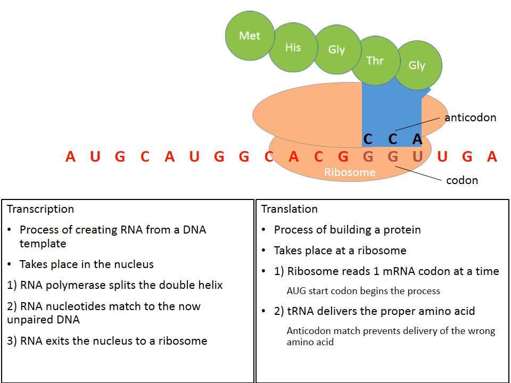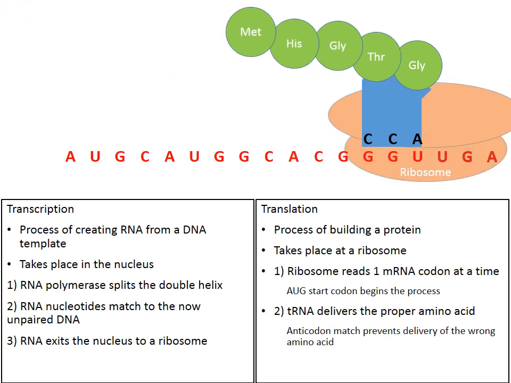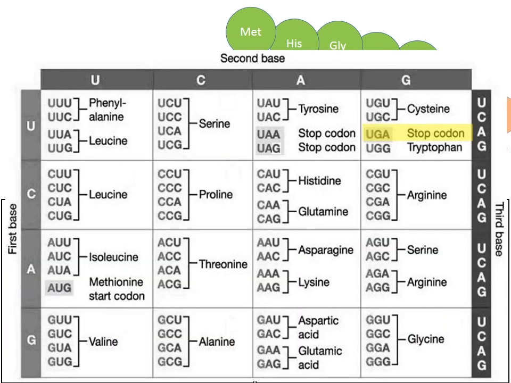And I hope you get the hang of this. The ribosome simply moves down to the next codon. UGA is the next codon. Find UGA on the chart and it's something special. UGA on the chart is a stop codon. It's a sequence that will stop this process. It basically tells the ribosome the job is finished.